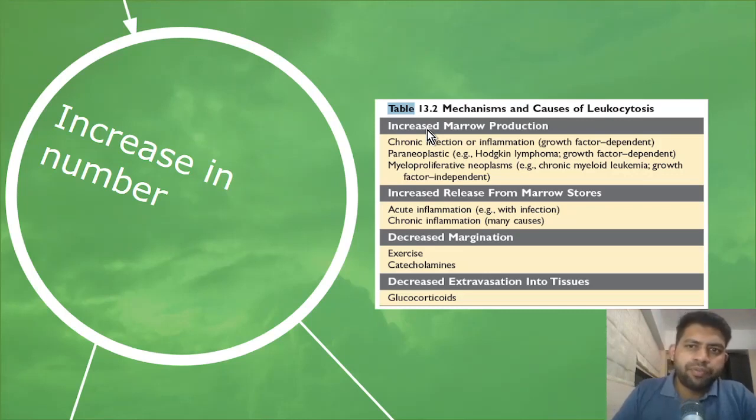So if because of some reason there is increased marrow production of WBCs, most common reasons are chronic inflammation, then paraneoplastic, like that means if there is some malignancy somewhere else, and because of that there is a reactive proliferation. Then myeloproliferative neoplasms, will come to that later.